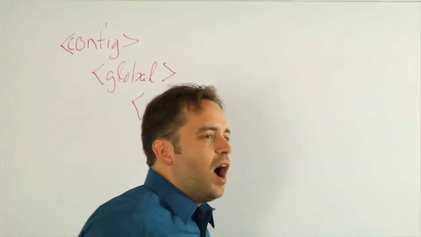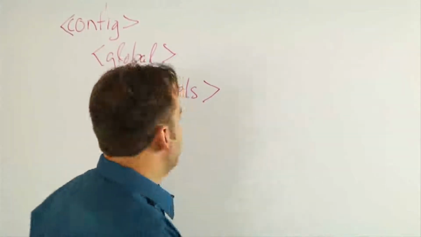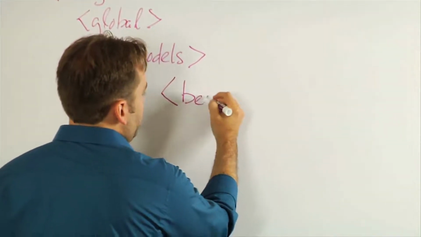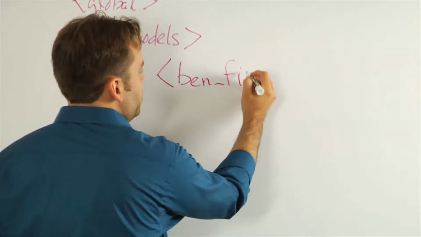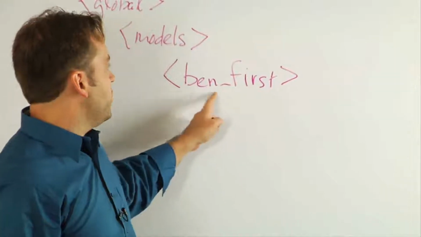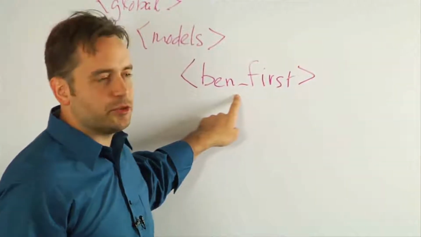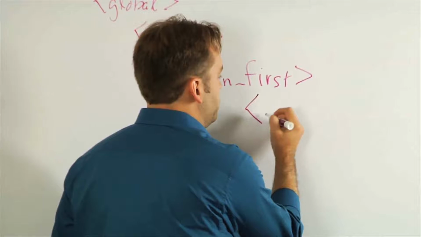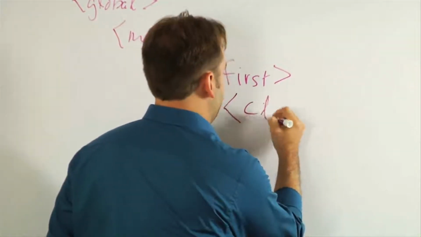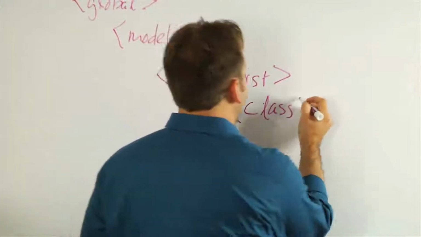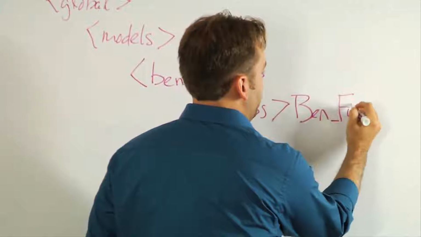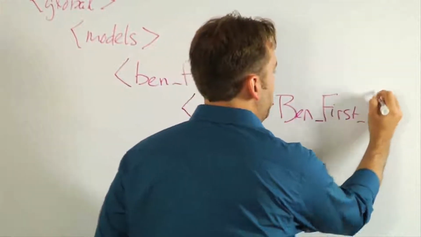And then let's say, I like the namespace module convention, so I'll say config global models, and then in the case of my narcissistic example module, we'll say that's my class group name. So of course then in here I would specify class, and then of course Ben first model.